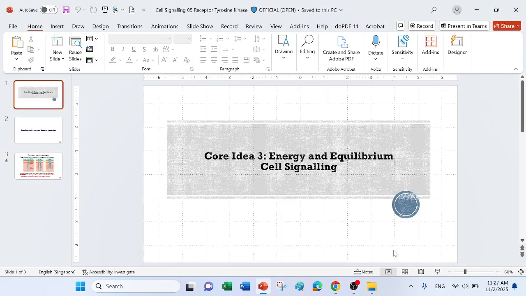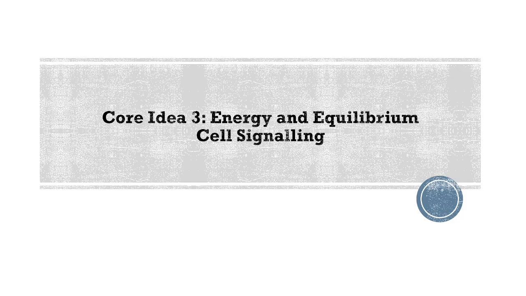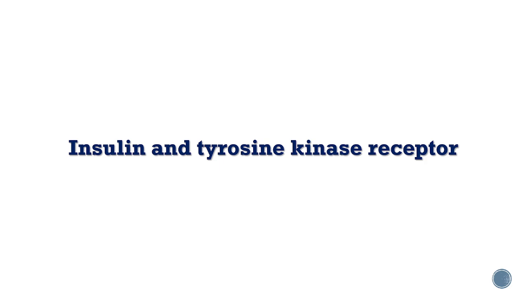Okay, we're going to look at one of the specific examples in the syllabus, which is insulin, and how insulin triggers signaling pathways in the target cells. But I will be quite fast. I'll go quite fast for the examples with insulin and glucagon, because we should not be so focused on all these details.